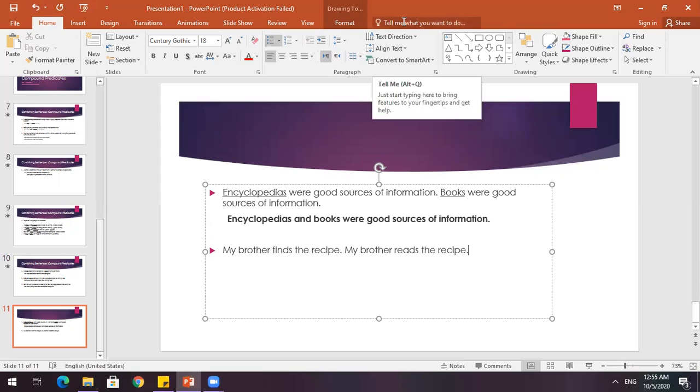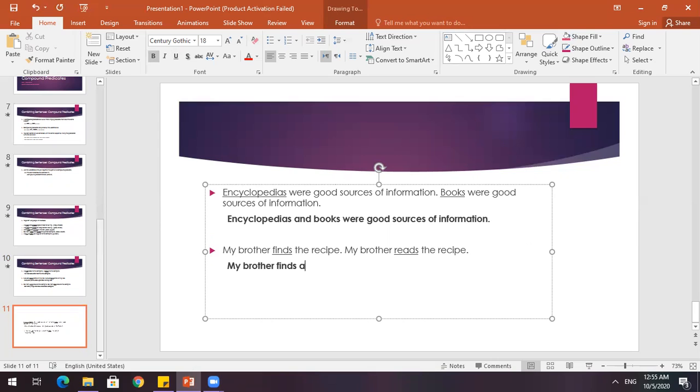In these sentences, the subject is the same, my brother and my brother. This means we're going to create a compound predicate. What are our simple predicates? What are our verbs? Finds, reads. So how do we combine these two to create a sentence with a compound predicate? My brother finds and reads the recipe. Okay, another example.